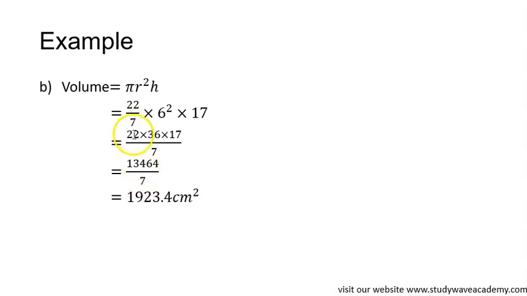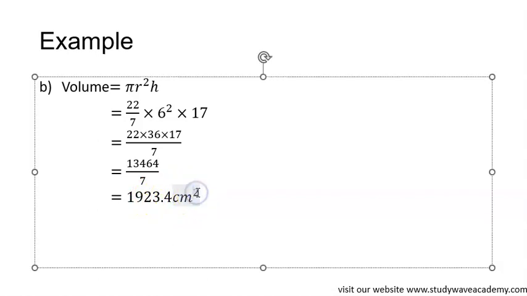When you multiply 22 times 36 times 17, you are going to have 13,464 over 7. And when you divide this 13,464 over 7, you are going to have 1923.4 centimeter cube. This should be cube, sorry, not square.